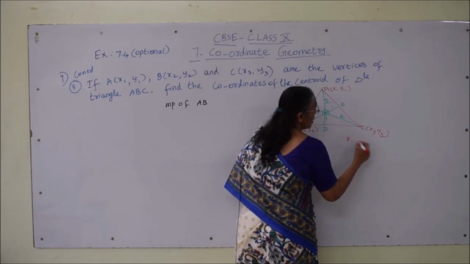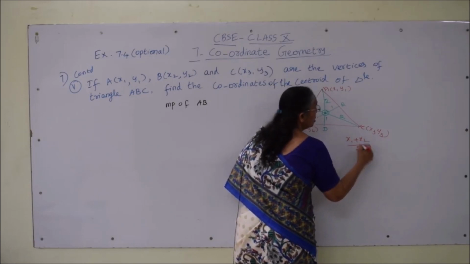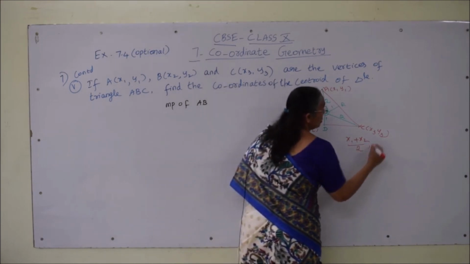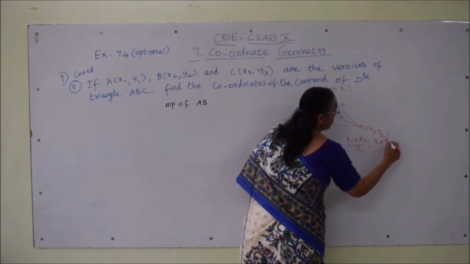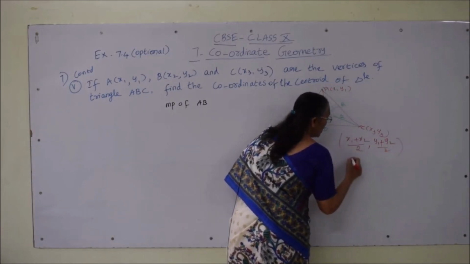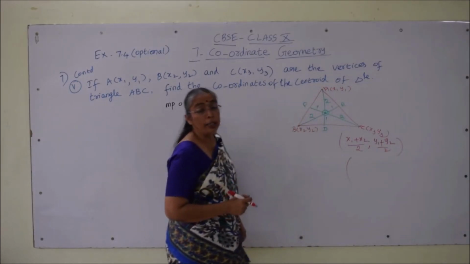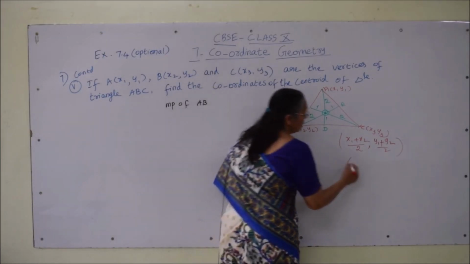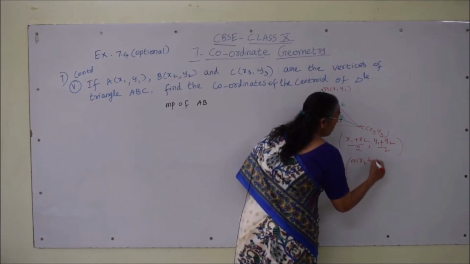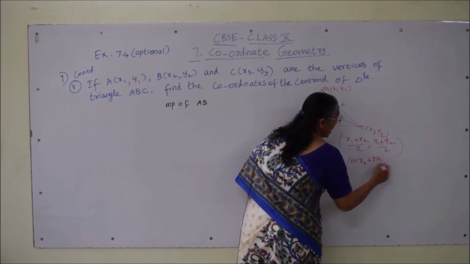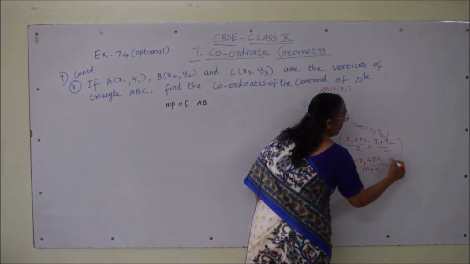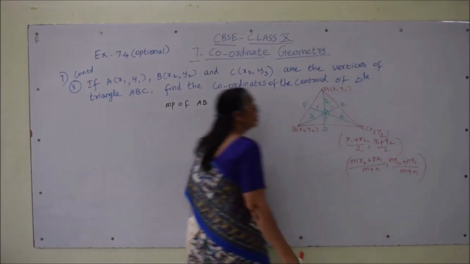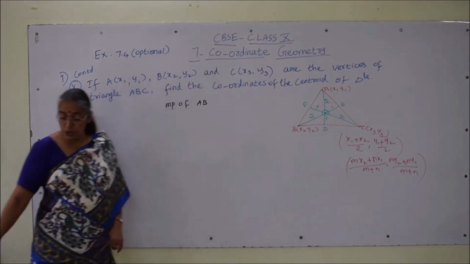Midpoint formula: if (x1, y1) and (x2, y2) are the 2 points on the line segment, then the midpoint of the line segment joining those 2 points is given by (x1 plus x2 by 2, y1 plus y2 by 2). Section formula: if the point P divides the line segment joining the points (x1, y1) and (x2, y2) in the ratio m:n, then the point P is given by (mx2 plus nx1 by m plus n, my2 plus ny1 by m plus n). So, these are the two formulae we are going to use.